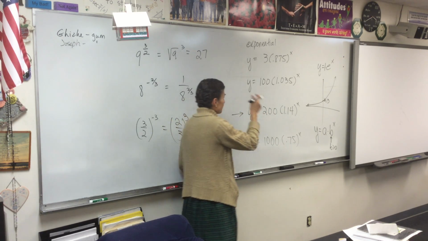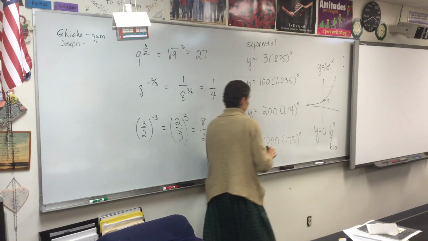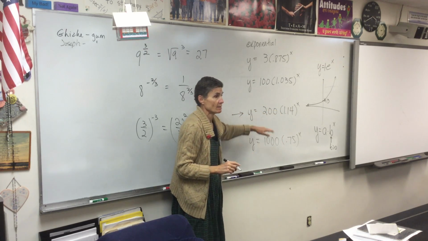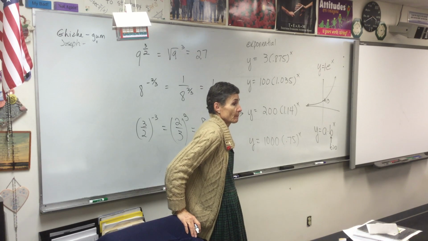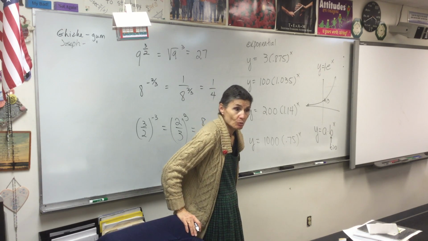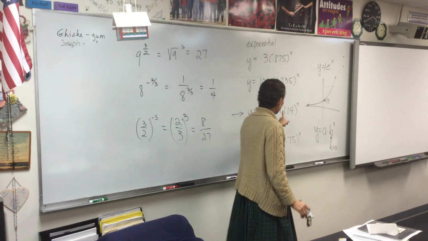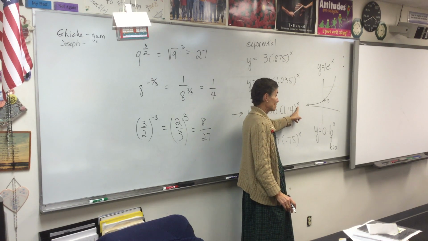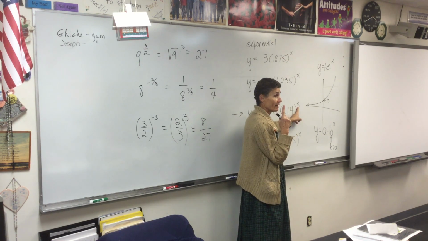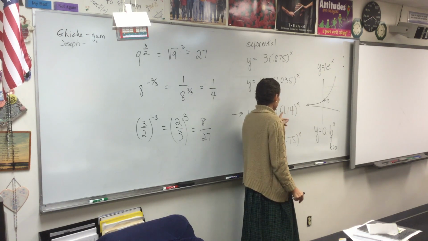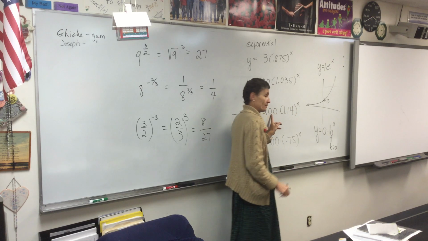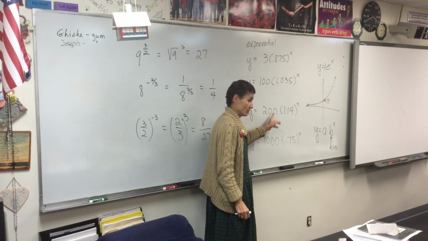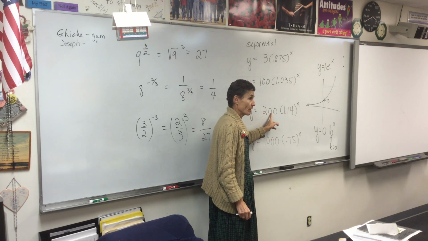What happens if I let x be 0? In this equation right here, what would happen if I let x be 0? It would just be 200. I would just get 200, because we know that when you raise something to the 0th power, you get 1. So if x were 0, the answer would be 200, right?